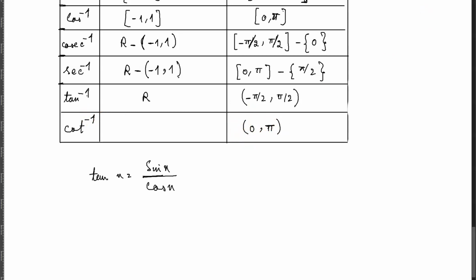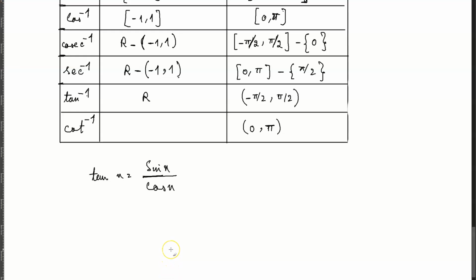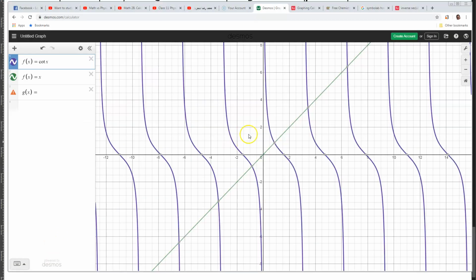And then what happens is that the range of this function goes from negative infinity to infinity, which is R, which becomes ultimately the domain of the cot inverse function.